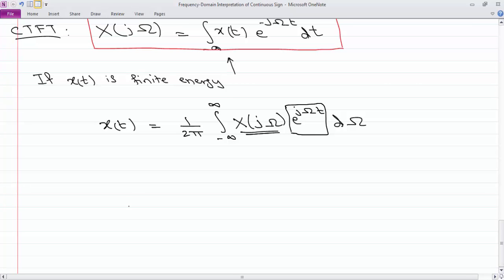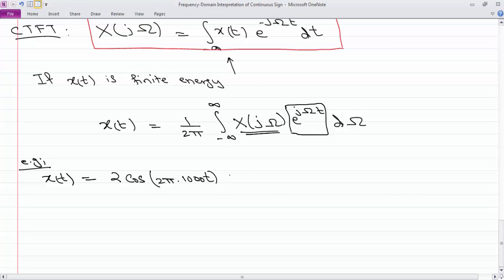So if you take the classical example of just a pure sinusoid, let's say your x of t is equal to 2 cosine of 2 pi 1000 t. So this is a sinusoid with a frequency of 1 kilohertz.